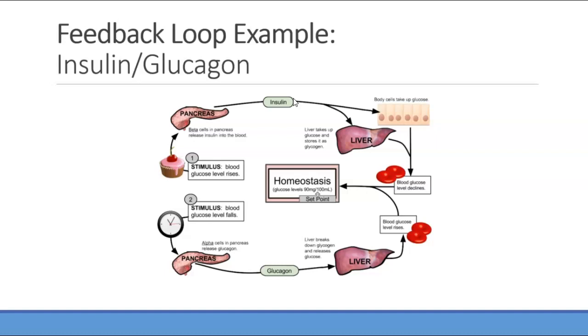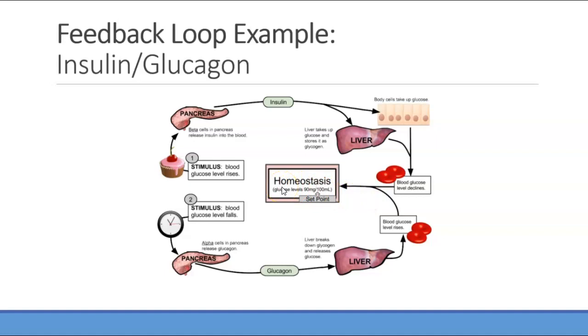And then what happens is glucose either goes into the cells of the body because insulin acts like a little gate and opens the door so that glucose can go into the cell, or the liver can actually take up excess glucose and just kind of hang on to it for future use. So when this all happens, then the blood glucose level declines and we're back at homeostasis.